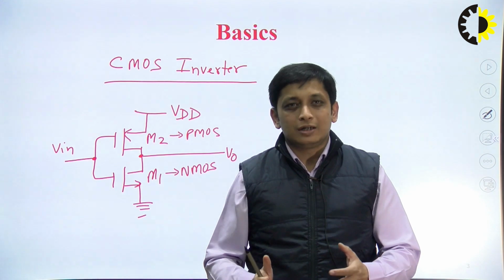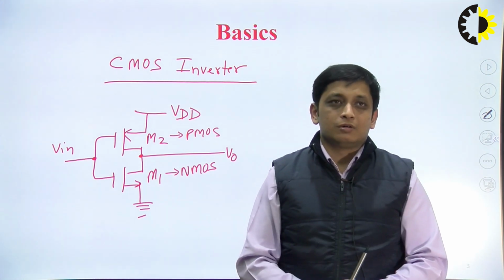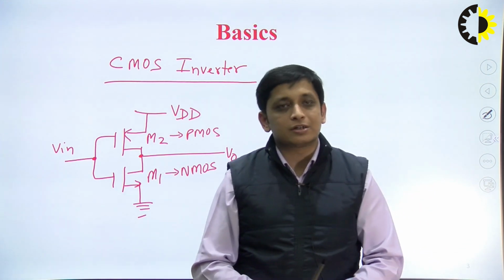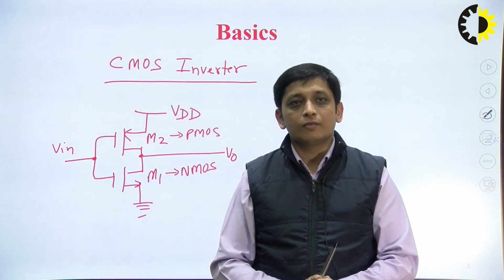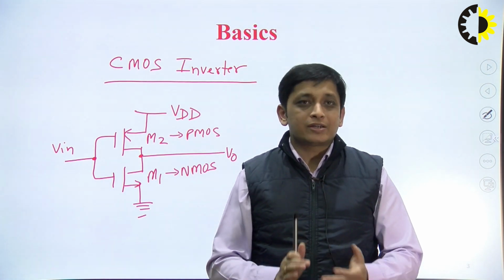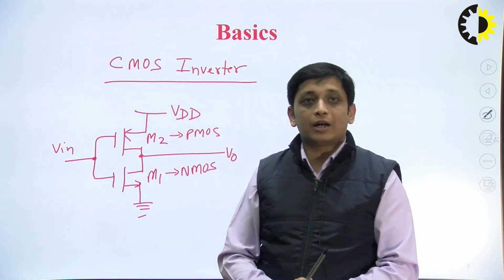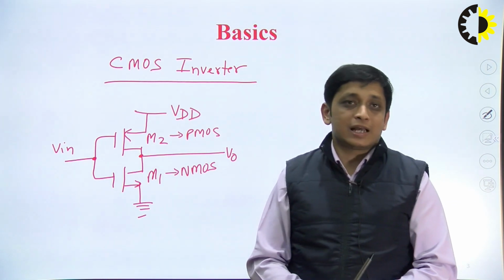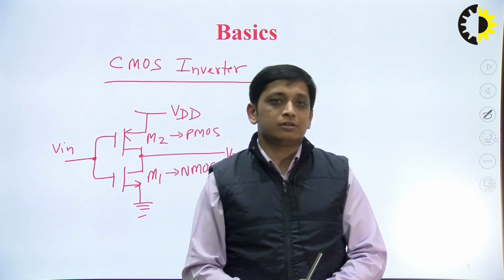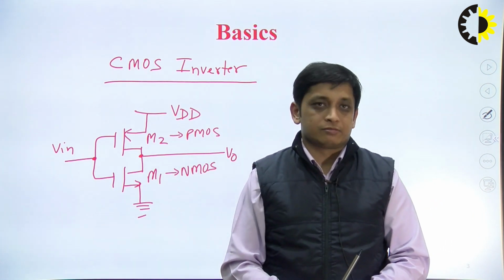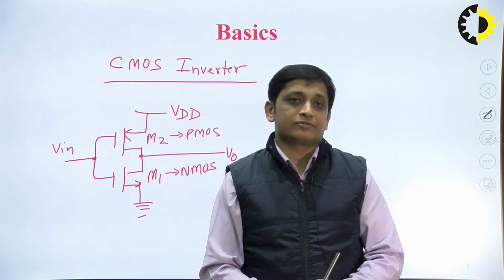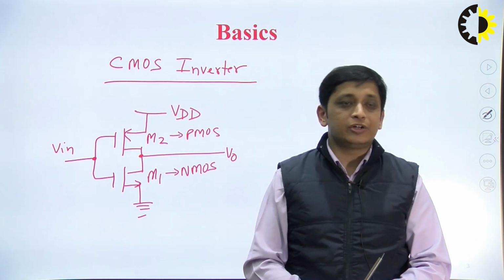Before that, let us quickly cover why we are so much interested in CMOS, because there are various advantages. One is that its steady state power dissipation is very less, because there is no direct path from VDD to ground.